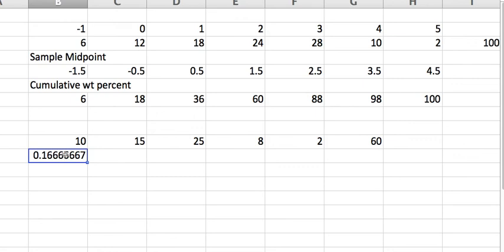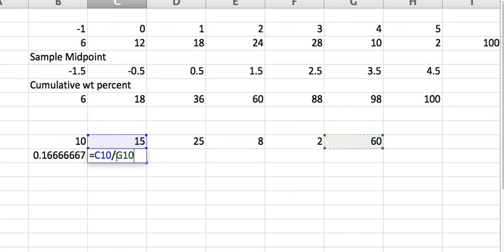And in Excel, there's a cool way of doing equations that I will show you now, where if you do equals 15 divided by 60, or G6, the 60, and use the cell.